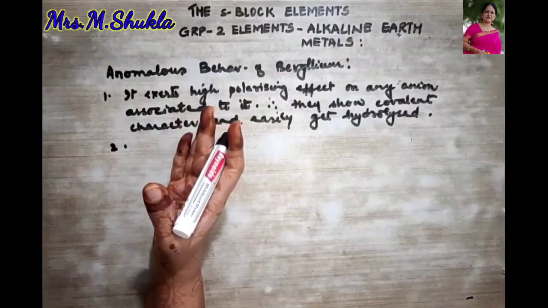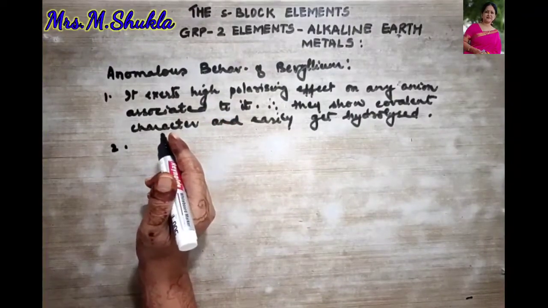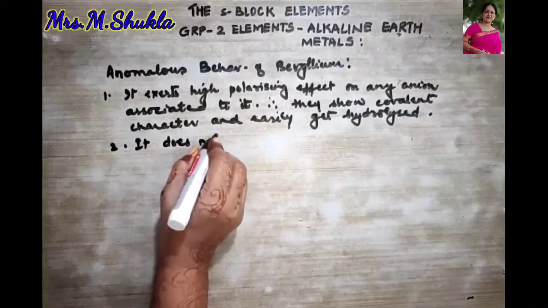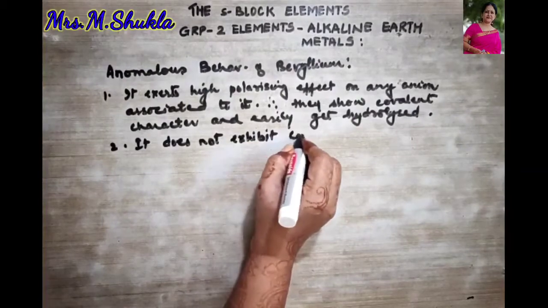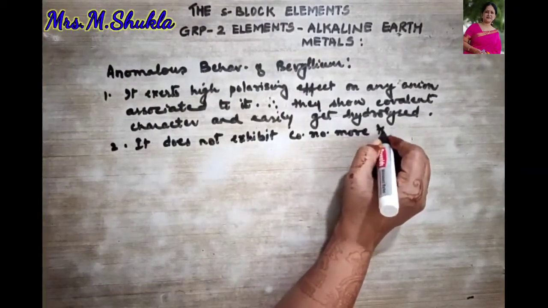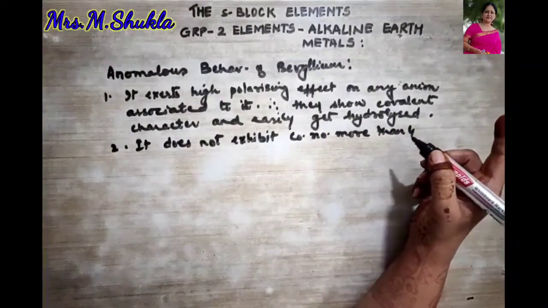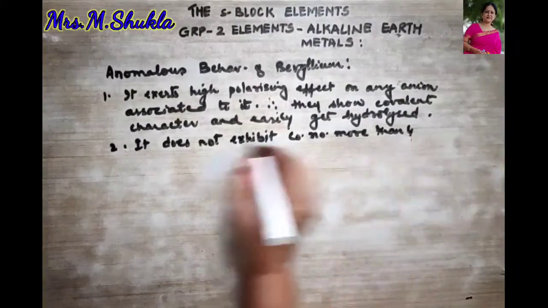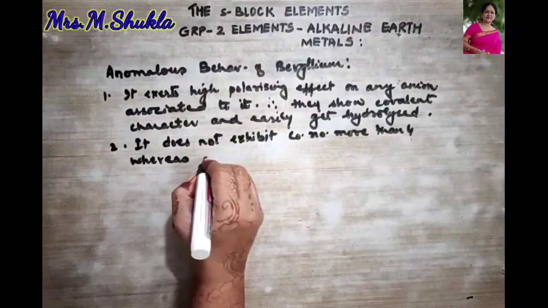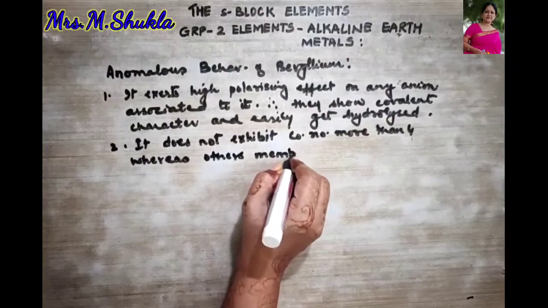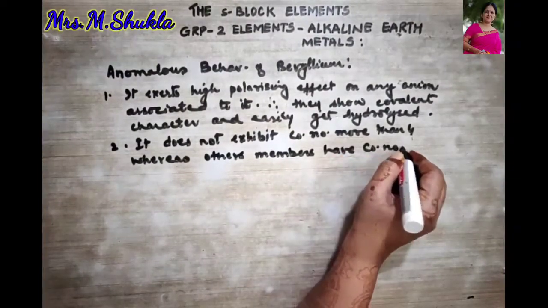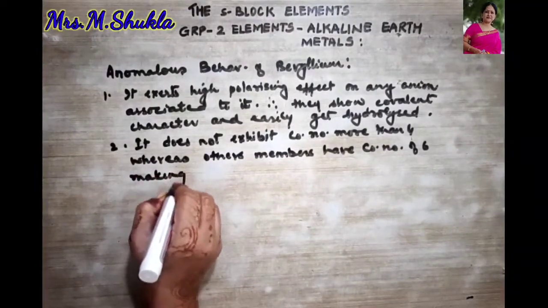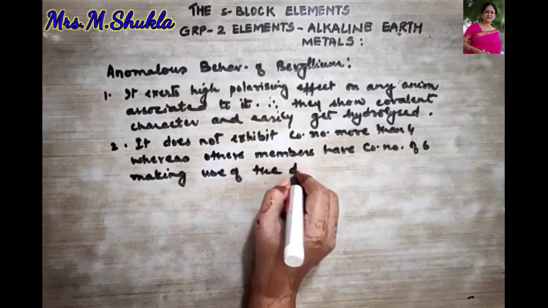It has high electronegativity, and it does not exhibit coordination number more than 4, whereas the other members of this group have a coordination number of 6, making use of the d orbitals. Clear?